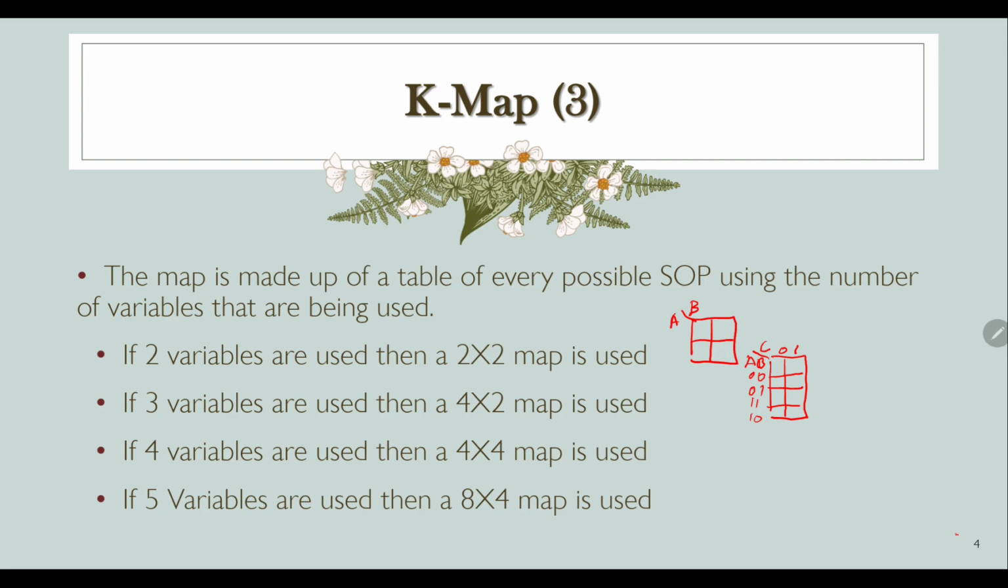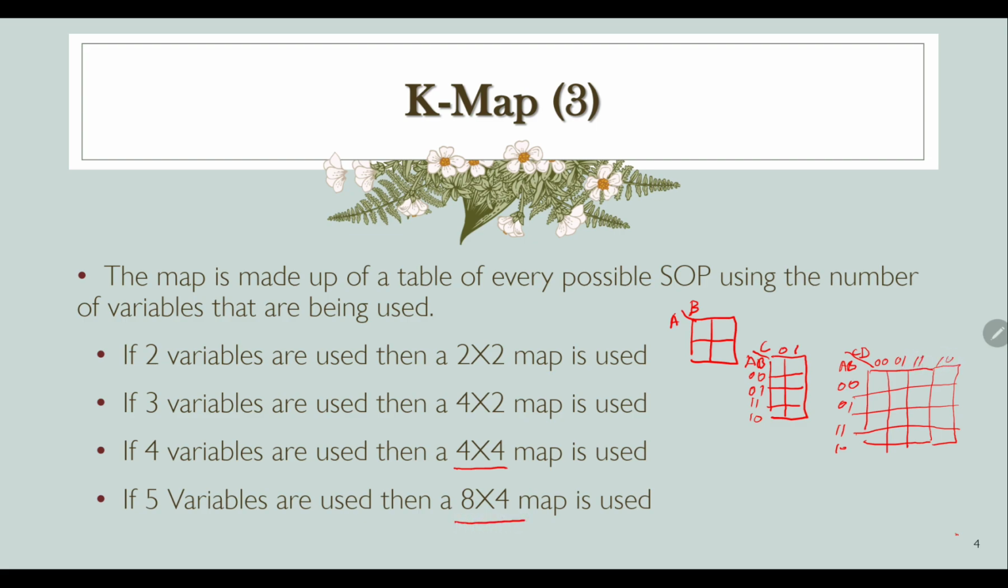For 4 variables, 4 times 4. So 4 variables, 4 times 4, means that you have A, B, C, D. For this one, you will have 4 times 4, like that, with 00, 01, 11, 10 along each side.